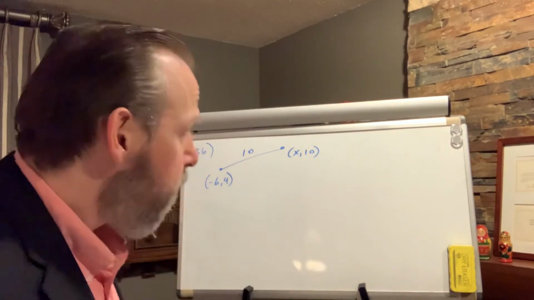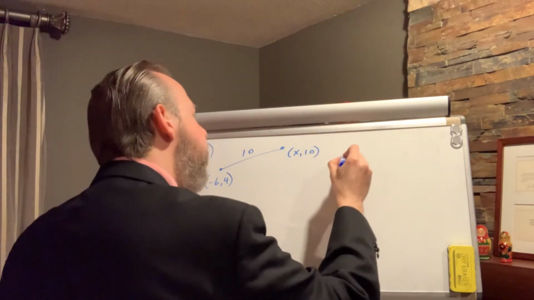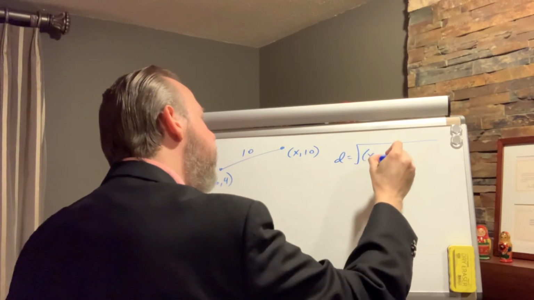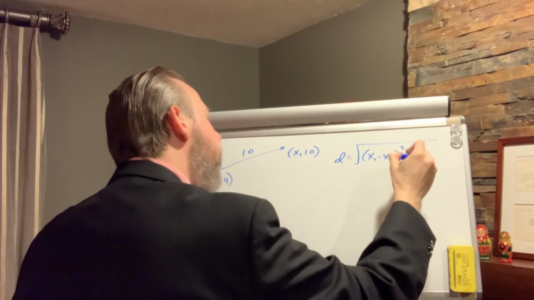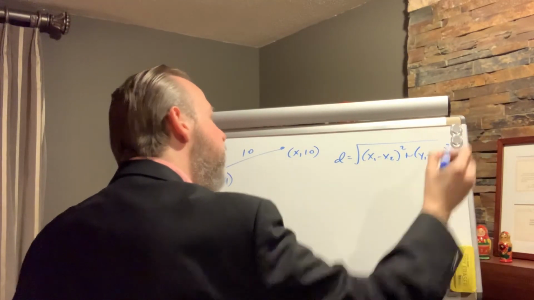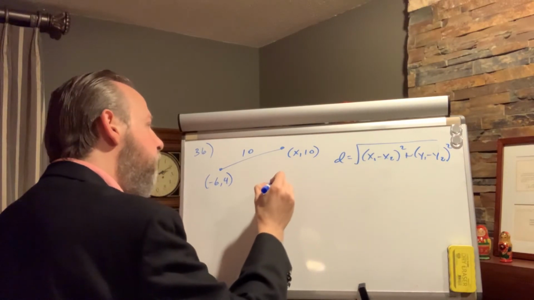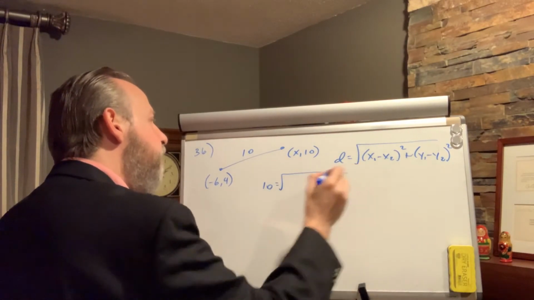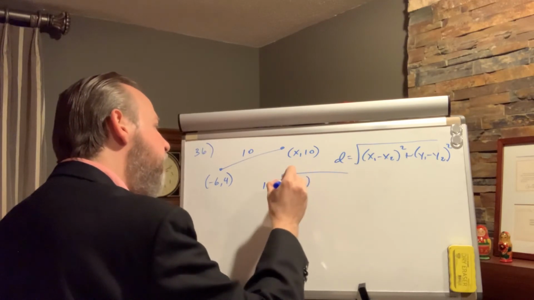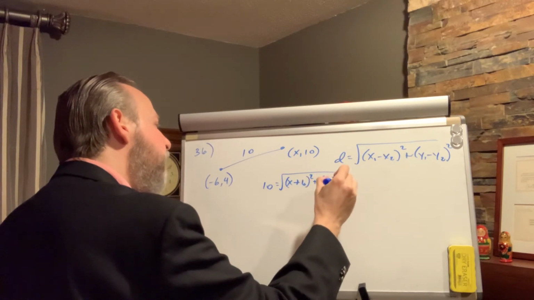That's not too hard to do. So you have to know the distance formula. Again, distance formula is the square root of the difference of the x's squared plus the difference of the y's squared. Distance here was 10. And I have x minus negative 6, which means plus 6, squared, plus 10 minus 4, squared.